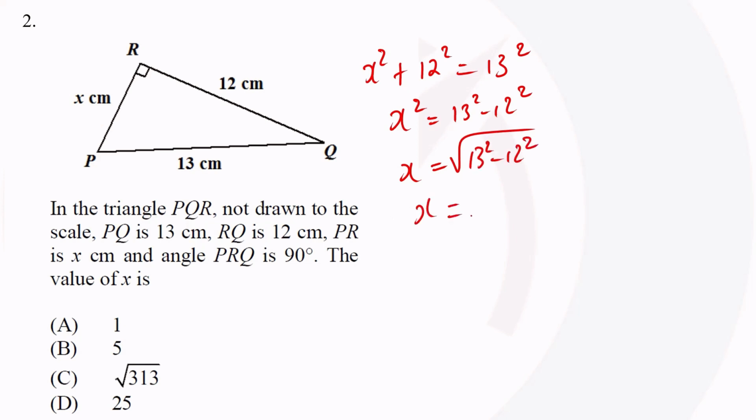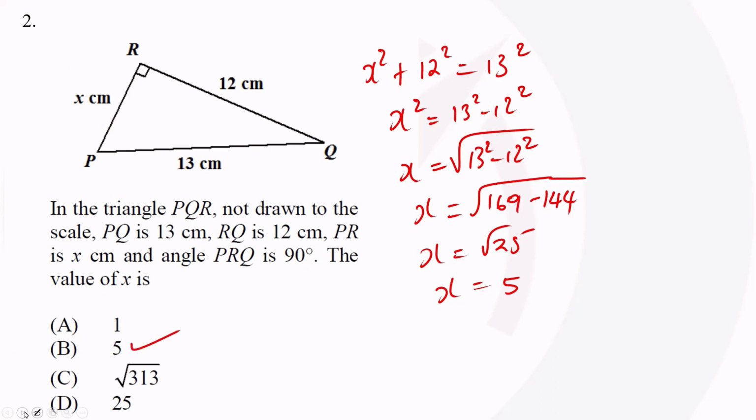We know that 13 squared is 169 minus 144, which is 12 squared. So x is equal to the square root of 25, and the square root of 25 is 5. In one of my trigonometry videos, I had shown some popular trig ratios, and this is a popular one, 5, 12, 13. So therefore our answer would be B.